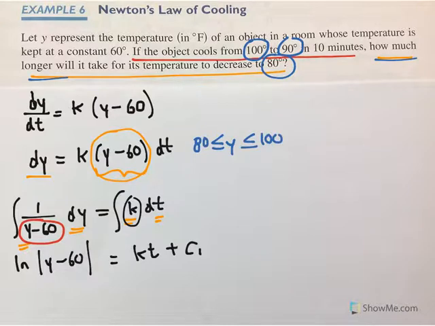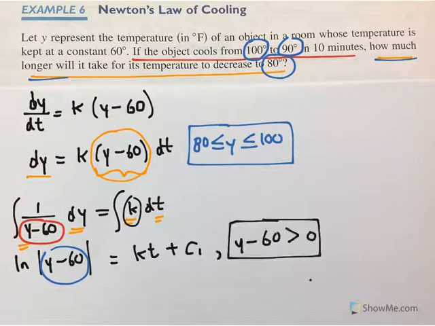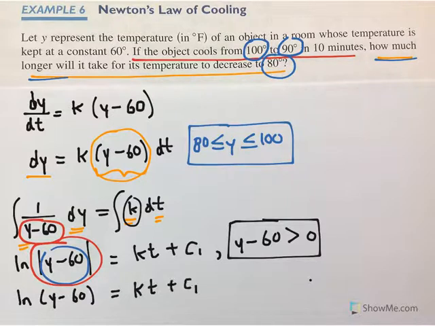And for that reason, because y is always greater than 60, y minus 60 will always be positive. And because y minus 60 will always be positive, I don't need the absolute value here. It's unnecessary for that reason. So I can write natural log of y minus 60 is equal to kt plus c sub 1.